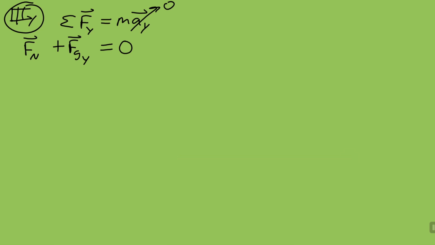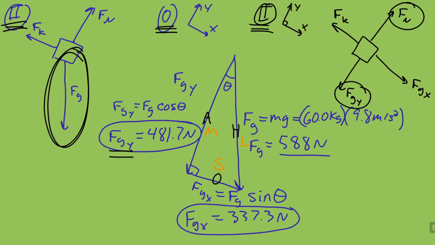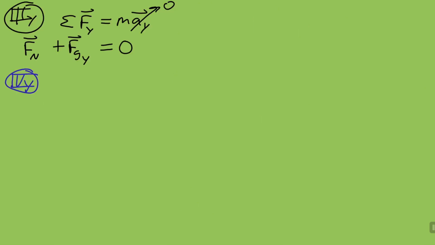On to step 4 on the y side. Just like before, this is math. And the first part of math is take the hats off, put in the signs. So if I look at my free body diagram, f sub n is in the new up direction, so that's going to get a plus. F sub gy is in the new down direction, so that's going to get a minus.